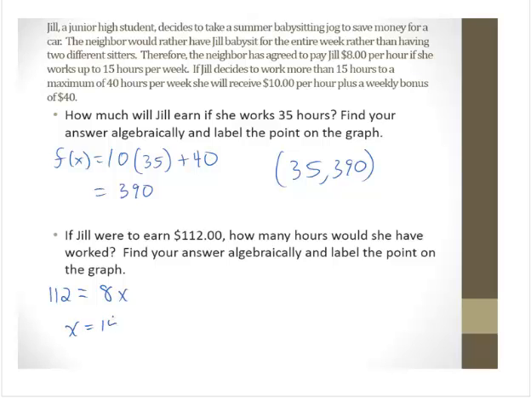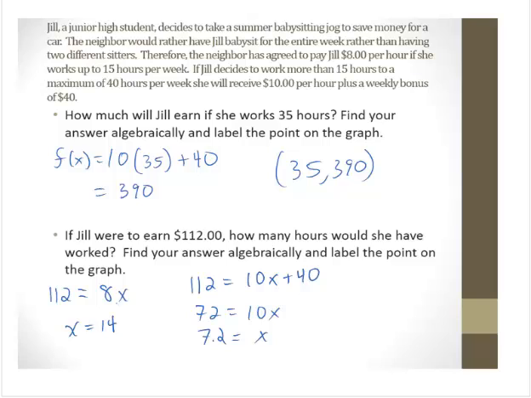X equals 14. If we set the 112 equal to 10x plus 40, then we would have had 72 equals 10x, and x equals 7.2.